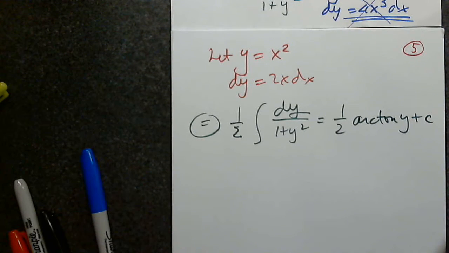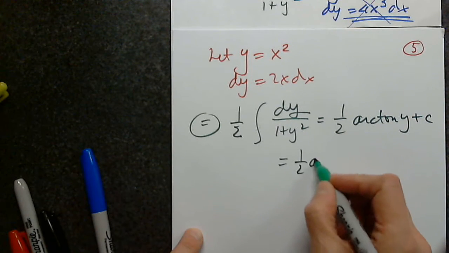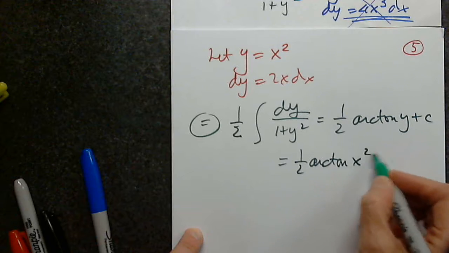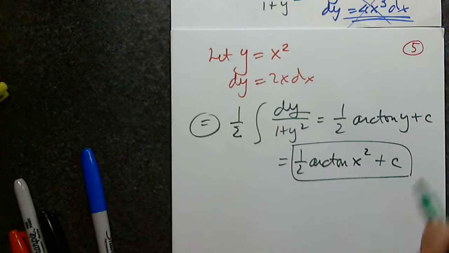However, I have to go back and plug it in. I have to give the answer in the variable in which the integral, or the function, was given. Did we get the idea of the substitution rule for indefinite integrals?